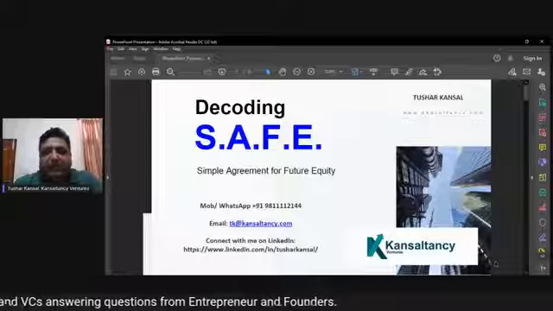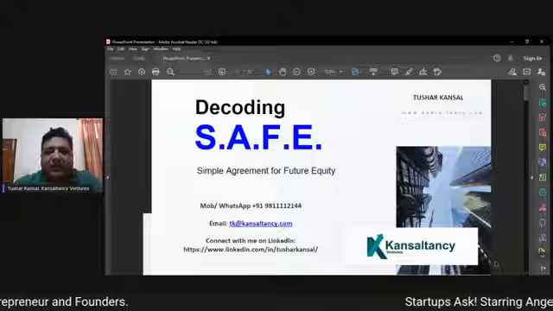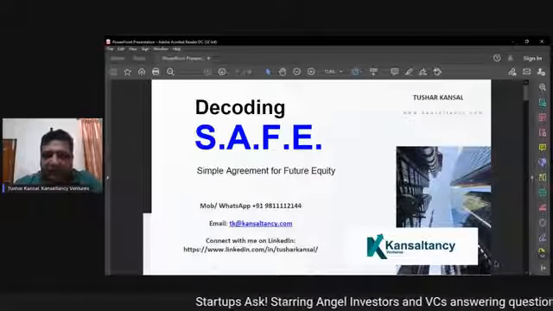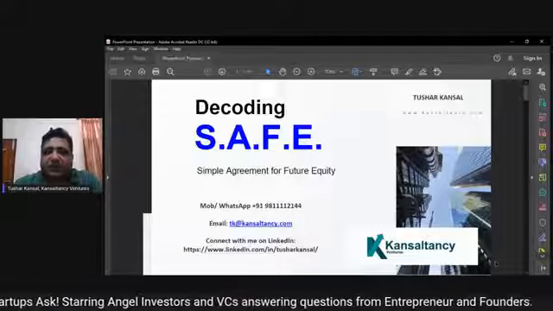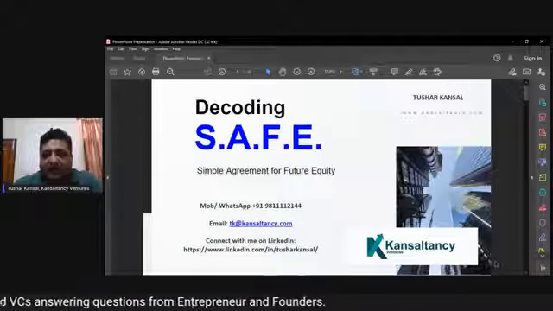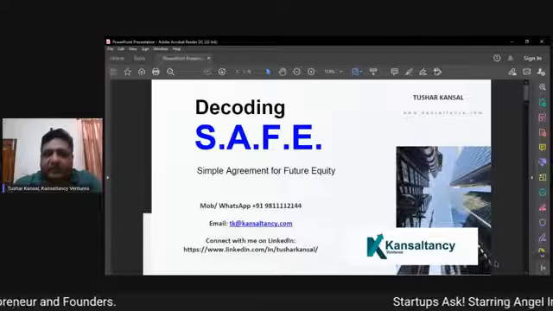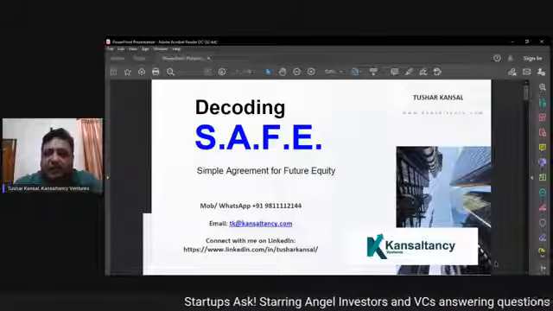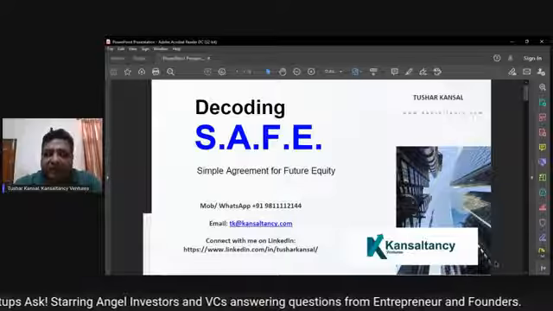Y Combinator worked a lot in the area of simplifying early stage investing. So the problem with early stage investing is how to reach an agreement between the founder and the investor, so that both of them agree to the nuances of the deal, to the finer points in the agreement.